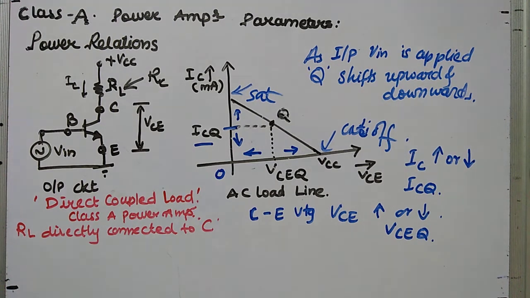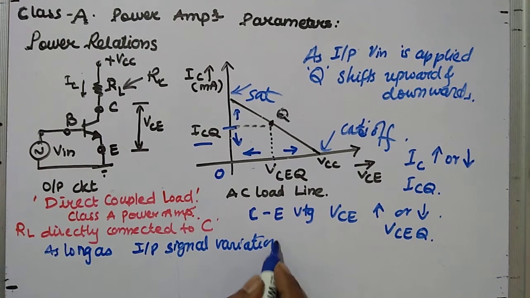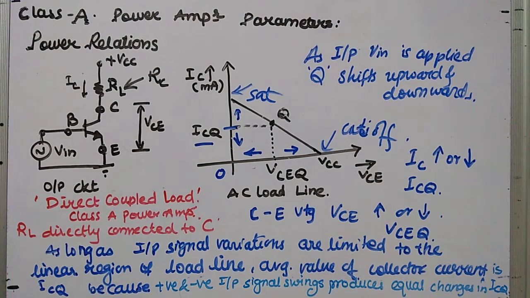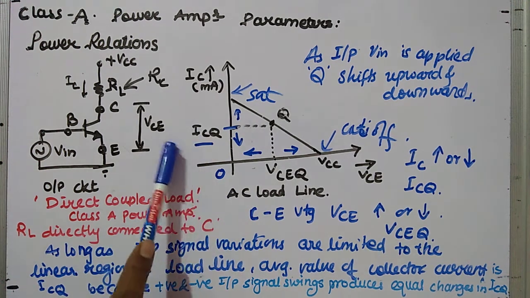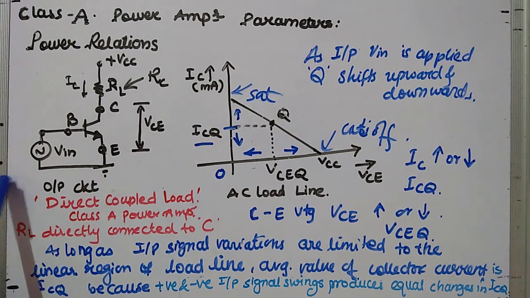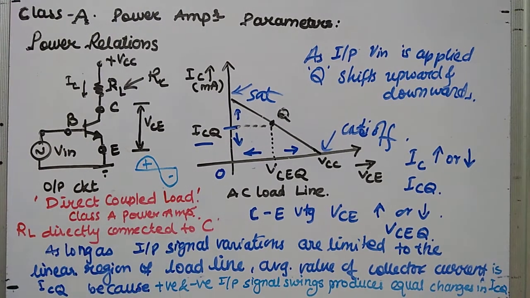So the point is, as long as the input signal variations are limited to the linear region of the load line, meaning this limited region of the load line, the average value of collector current is ICQ, because the positive and negative of the input signal produce equal changes in the value of ICQ.